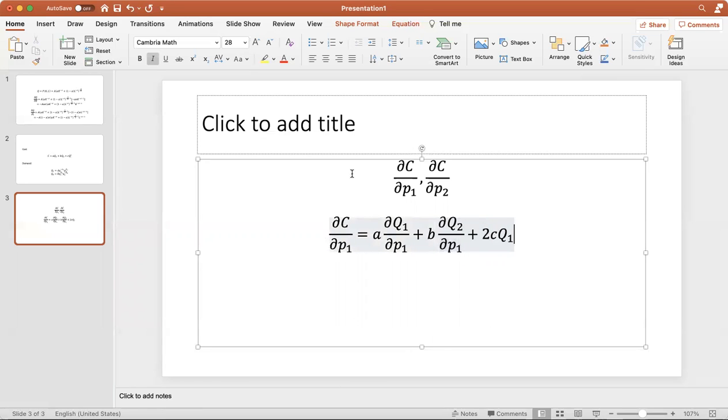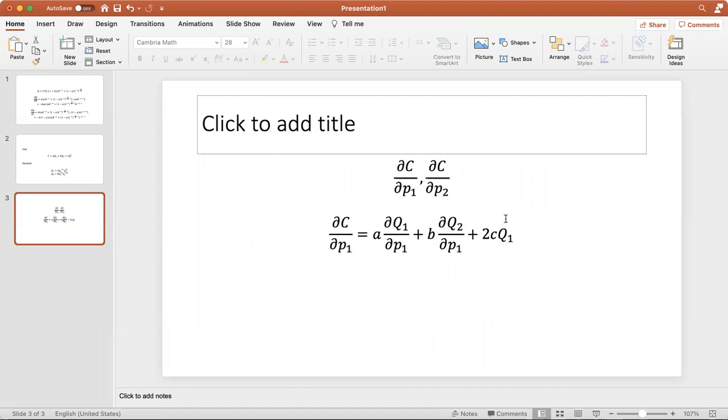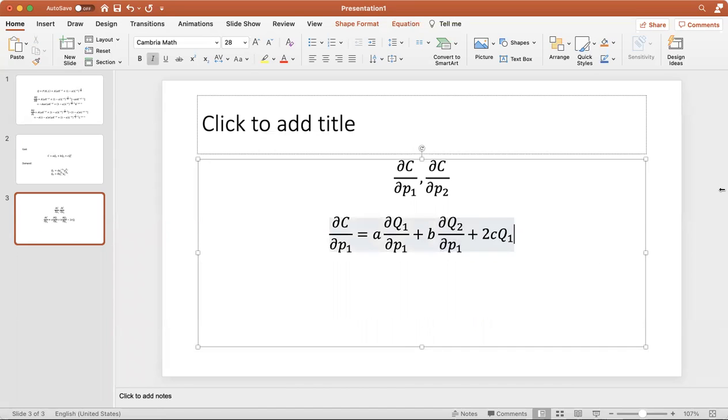Because of course you have Q1 squared here, so you take the derivative with respect to Q1 first, and you get 2C Q1 times the partial of Q1 with respect to P1.